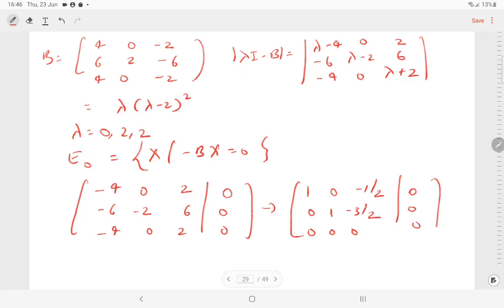You can see that there are two pivot entries, and it means that the required equations are x1 minus 1/2 x3 is equal to 0 and x2 minus 3/2 x3 is equal to 0.